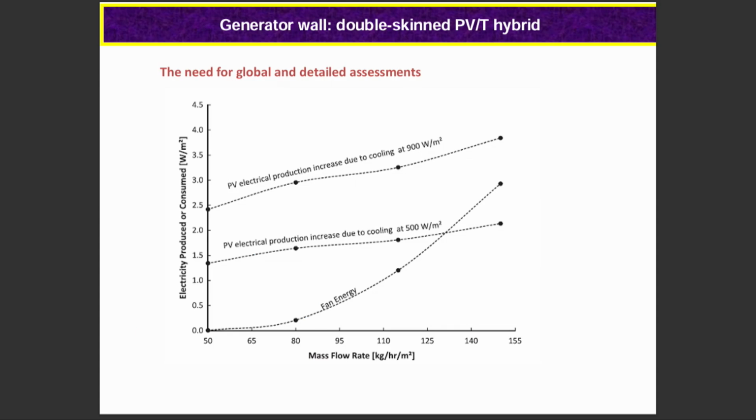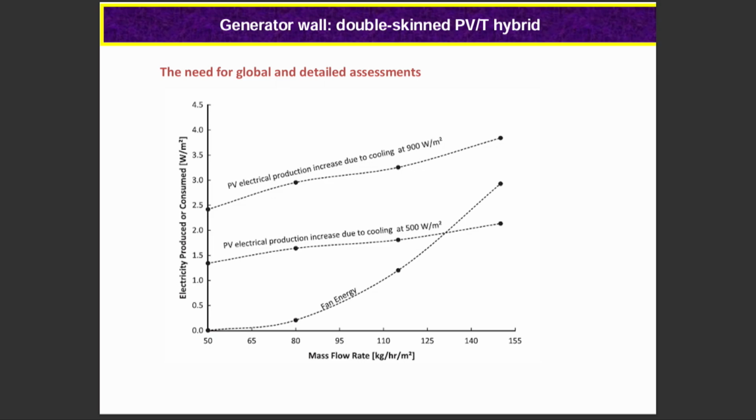Yes, of course, for ventilated facades, the mass flow rate is important for the efficiency. Like we saw yesterday, the flow rate of the water is very important for the efficiency of the PV cell, but less for the thermal efficiency.